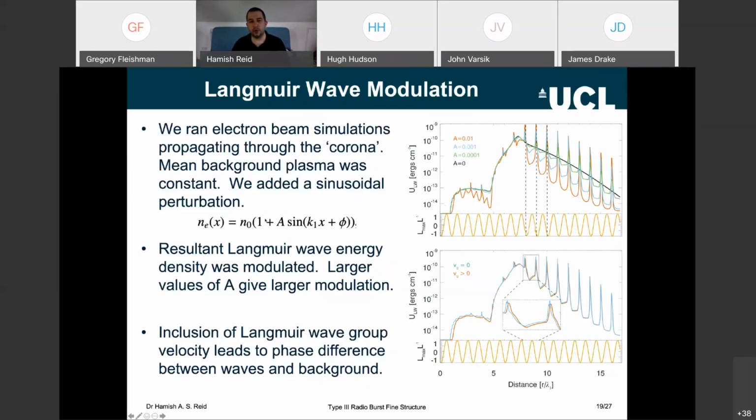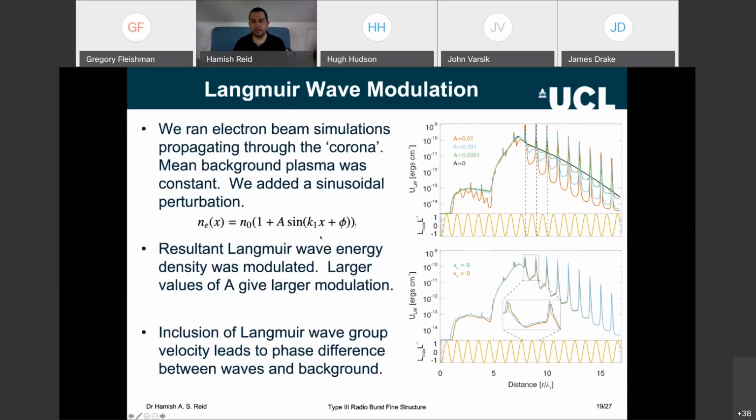And not only that, as we change the value of A in the sinusoid, when we increase or decrease it, we increase or decrease the amount of modulation of the Langmuir waves. So the Langmuir waves are very much dependent on the properties of the density turbulence in the background plasma.